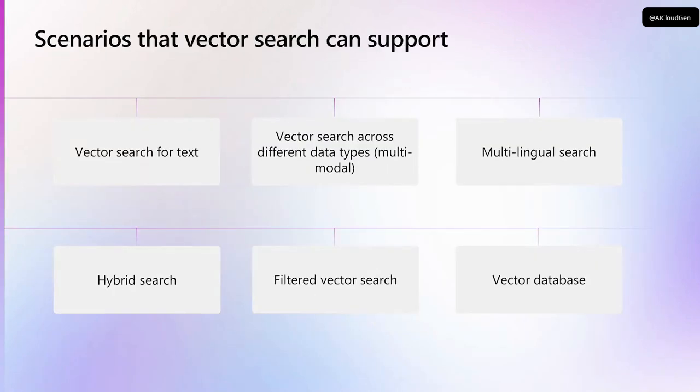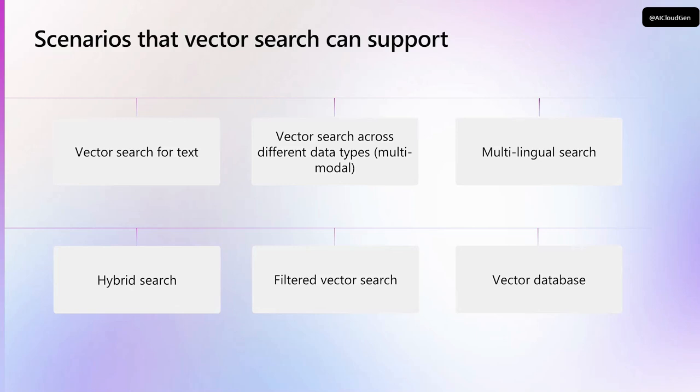Scenarios that vector search can support: vector search for text. You can encode the text using embedding models such as the OpenAI embeddings, and you can retrieve the documents with queries that are also encoded as vectors. You can do vector search across multiple data types. For instance, whether it's images, text, audio, or video, or a mix of them, you can do a similarity search between them.